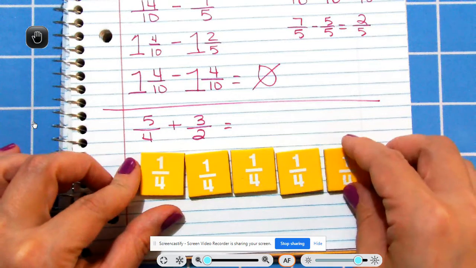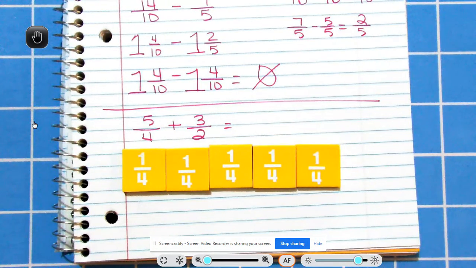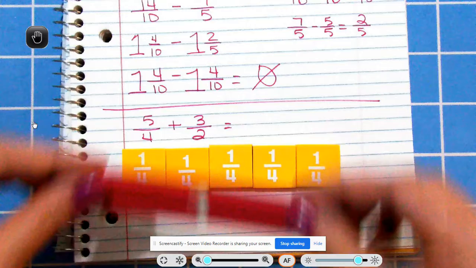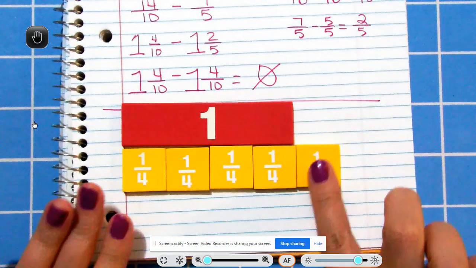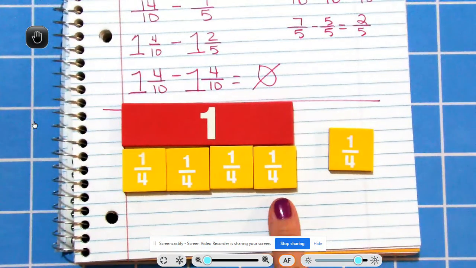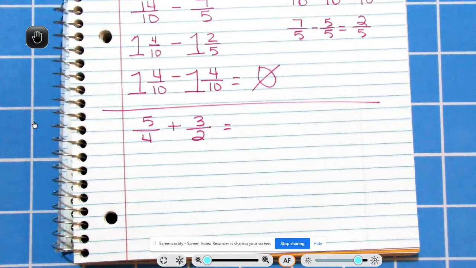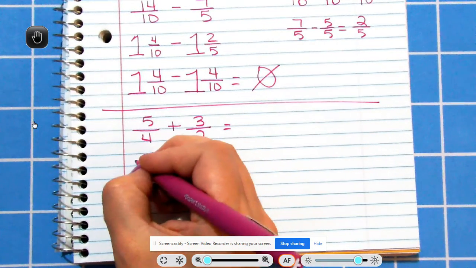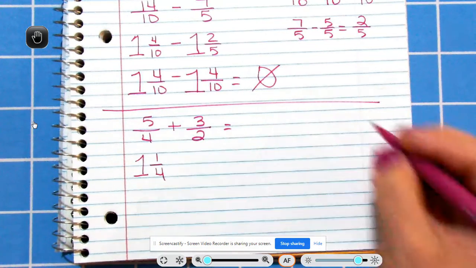There's my 5 1/4 pieces. Can I cash any of those in for one whole? So it'll be 1 and 1/4. 5/4 is equivalent to 1 and 1/4.